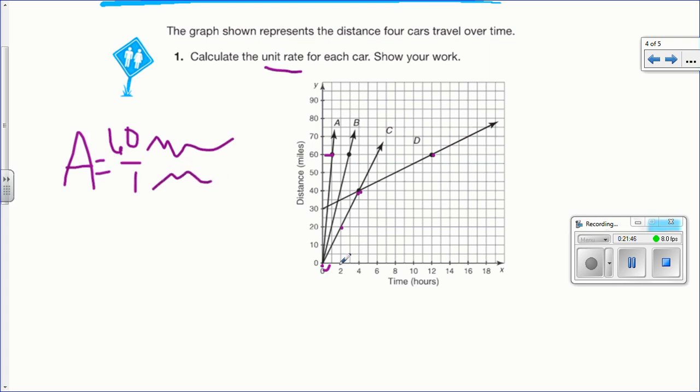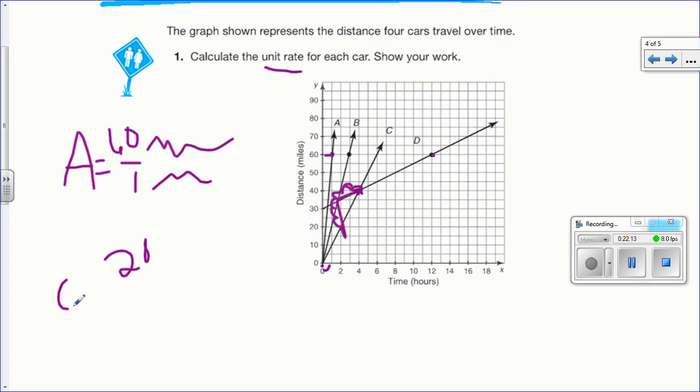I'll do one more with you since that one we didn't have to simplify. Let's do C. So for C, I did these 2 points. If I go up this many, 5, 10, 15, 20. So I would go up 20 and I would go over 1, 2. Sorry, up 20 and then over 2. So that would be 20 over 2.